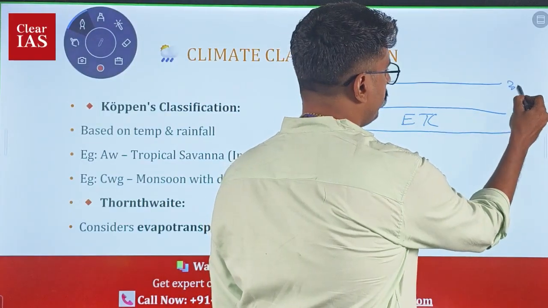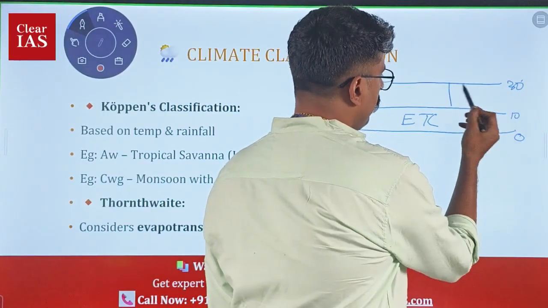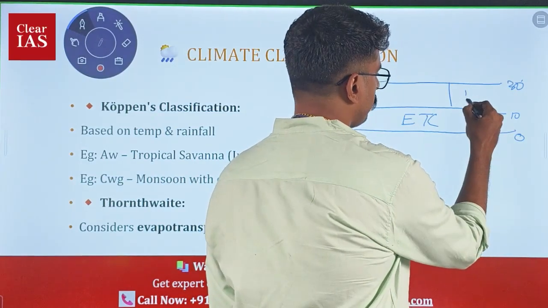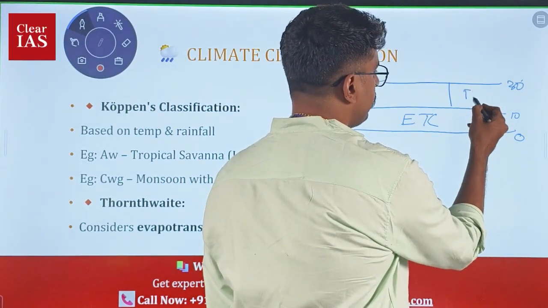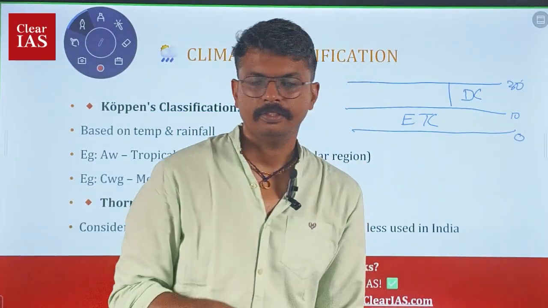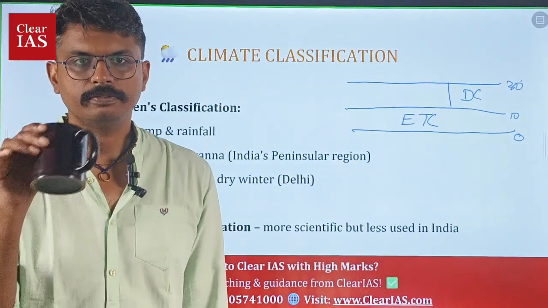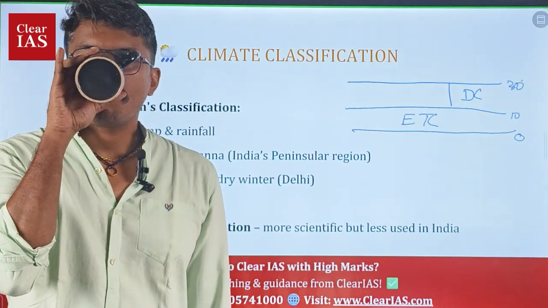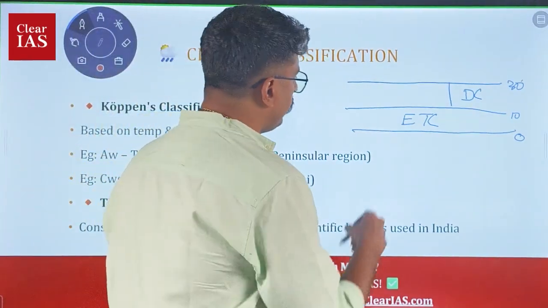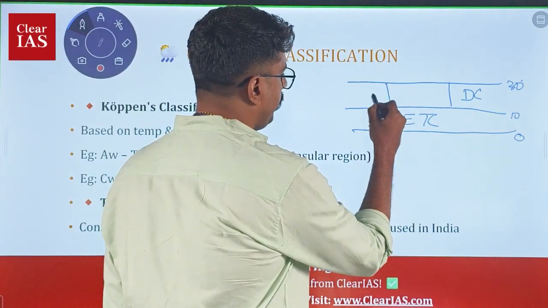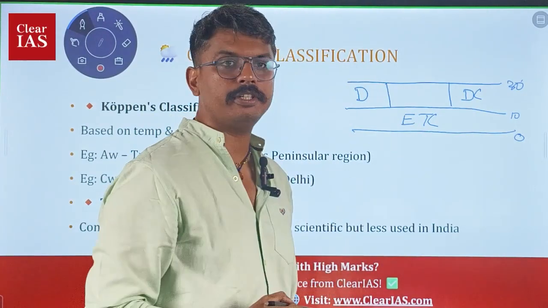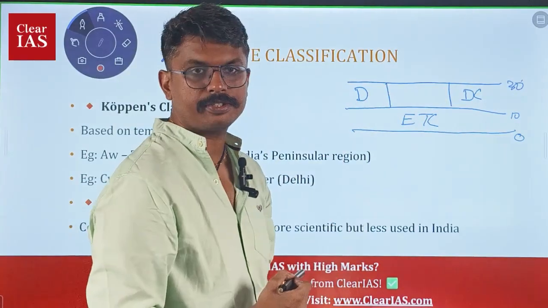Now, from 10 to 30 degrees on the eastern side of the continents, you have deciduous type of climate. And in between 10 to 30 degree on the western side, you have deserts, hot desert, tropical deserts.